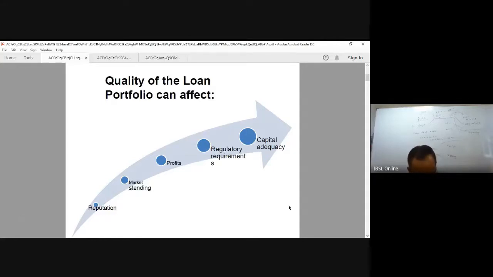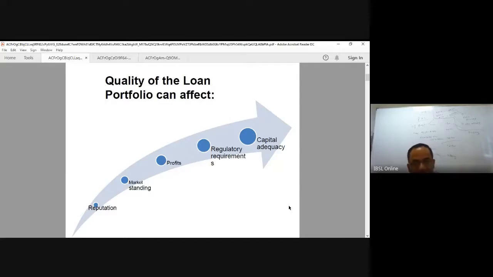The loan portfolio is a lifeline that decides how the institution does its affairs, and its reputation, its brand name, everything depends on the quality of the loan portfolio, right?